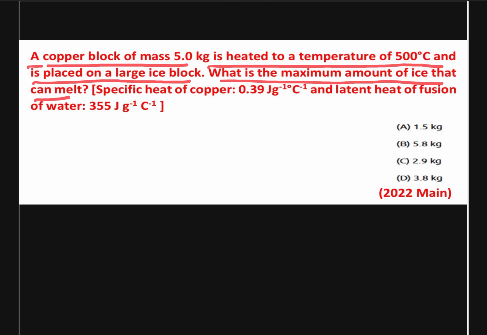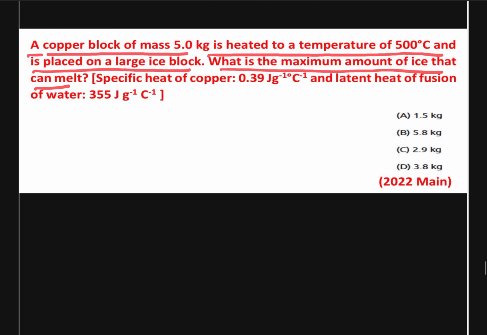So first of all, let's find out the heat from the copper. Heat from copper, let us call this Q copper, will be equal to mass multiplied by C and delta T.